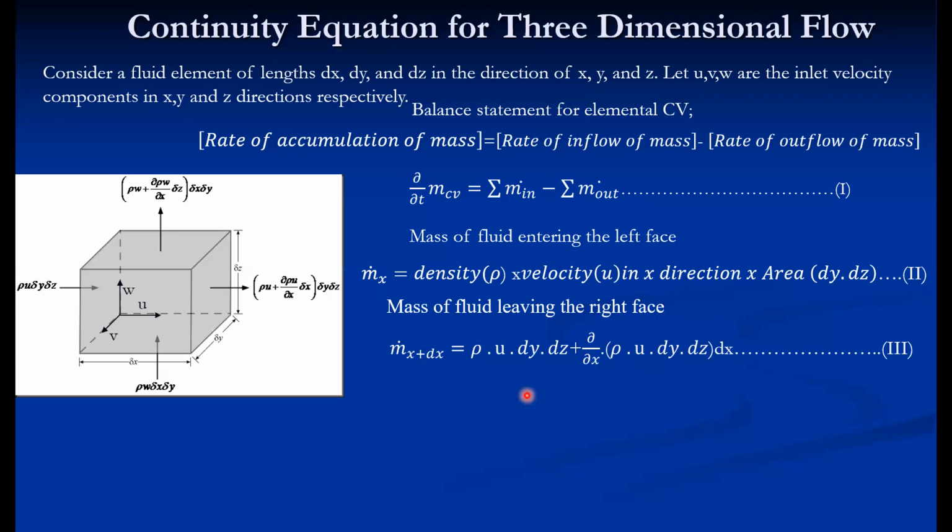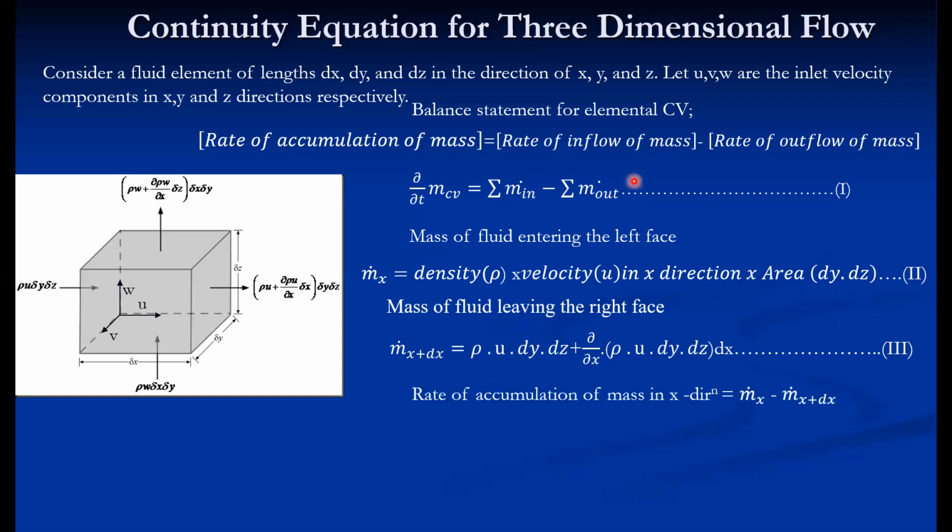So in Taylor's expression, we write for m dot x. So this is f of x plus f dash of x into dx. This is the mass of fluid leaving the right face. Call this equation number 3. The mass of fluid entering the left face, we can call this equation number 2.